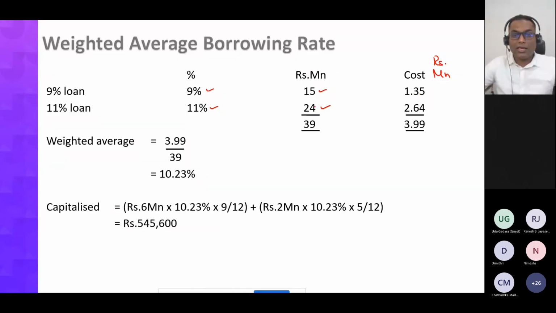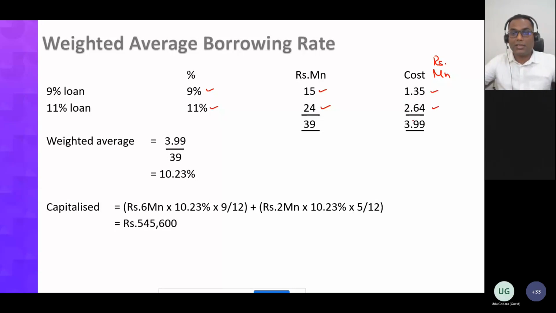Then once you multiply 24 million by 11%, the answer is 2.64 million. Then you add the total finance cost, 1.35 plus 2.64, which gives 3.99 million rupees.